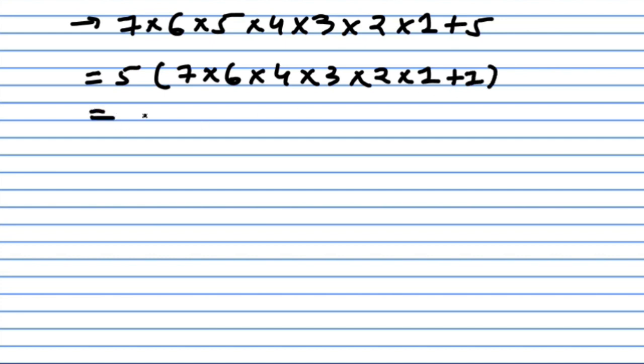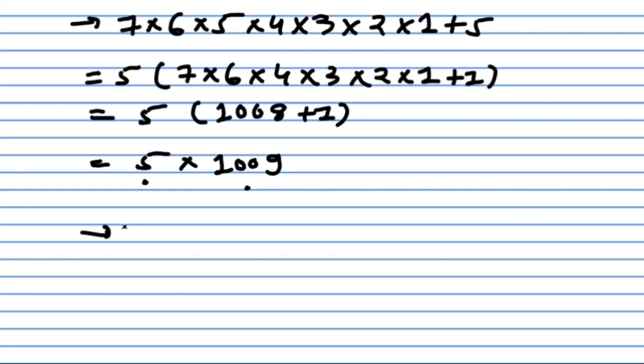If we solve this, then 5 multiplied by (1008 plus 1), so it is equal to 5 multiplied by 1009. Here 5 is a prime number and 1009 is also a prime number. So I can say that as it is a product of prime numbers, the given number is an example of a composite number.